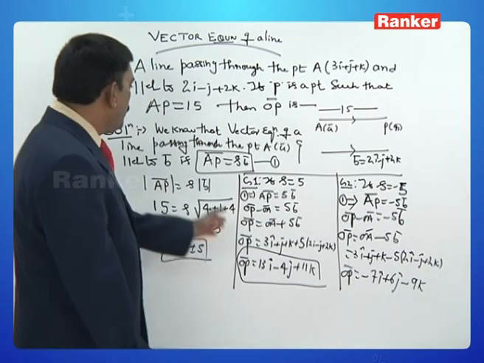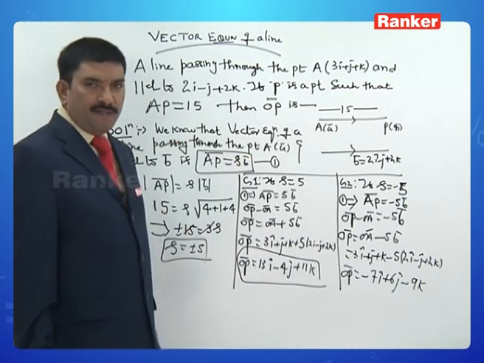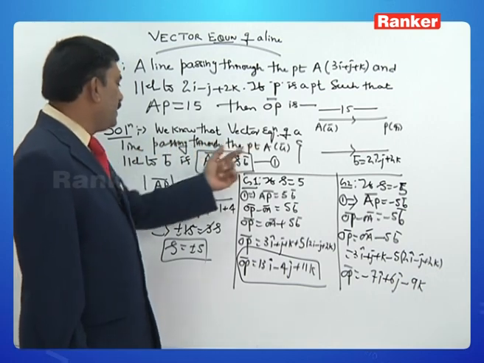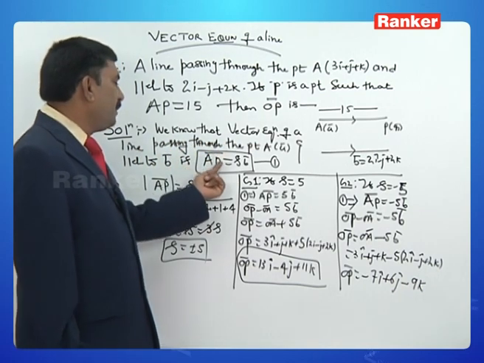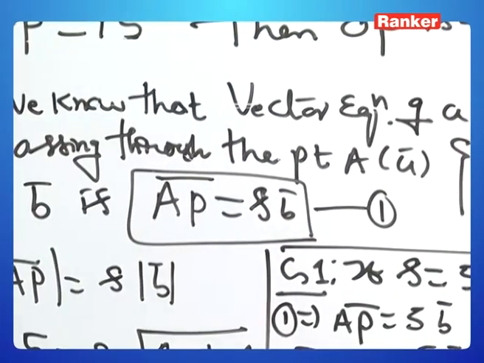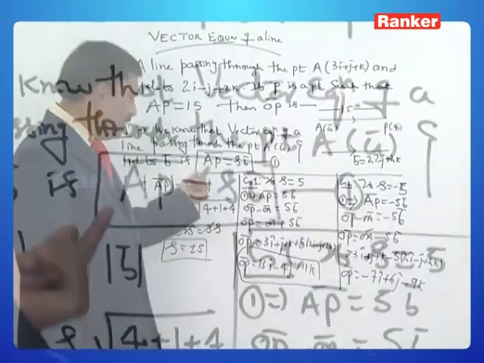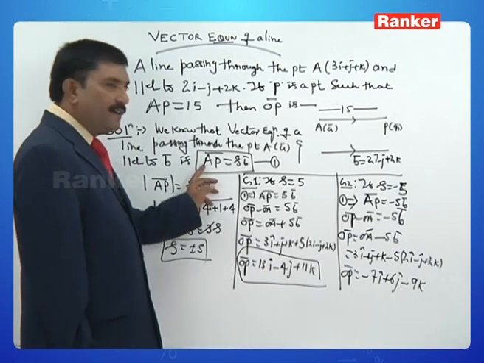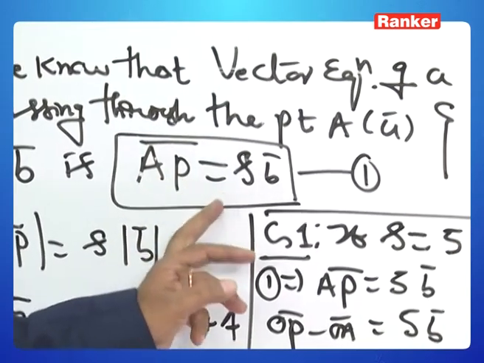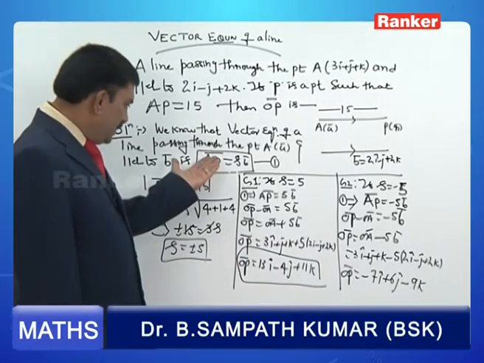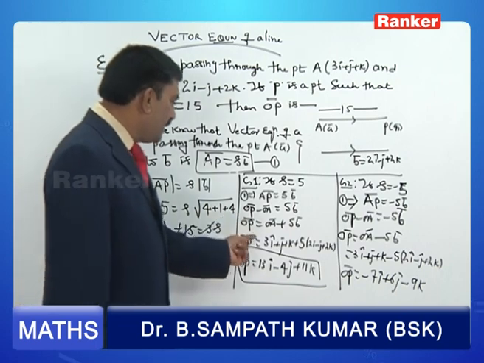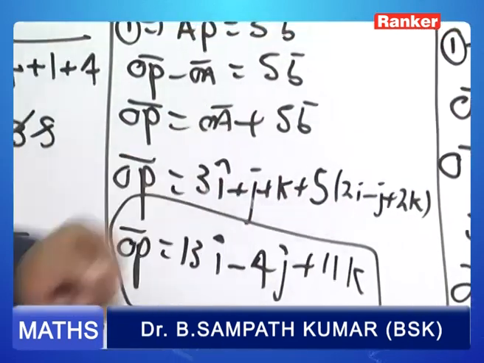Followed? So therefore what I did, we know that the vector equation of a straight line passing through the point A bar and parallel to vector B bar is AP bar is equal to S into B bar, which is nothing but OP minus OA is equal to SB bar, that is R bar is equal to A bar plus SB bar.